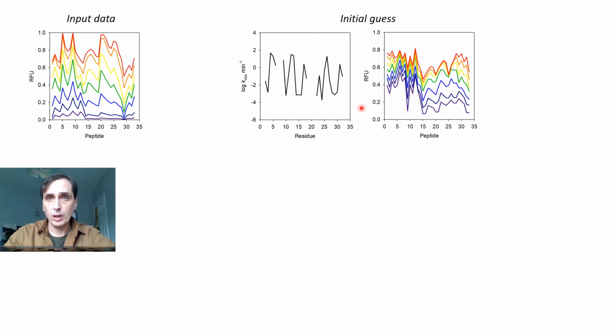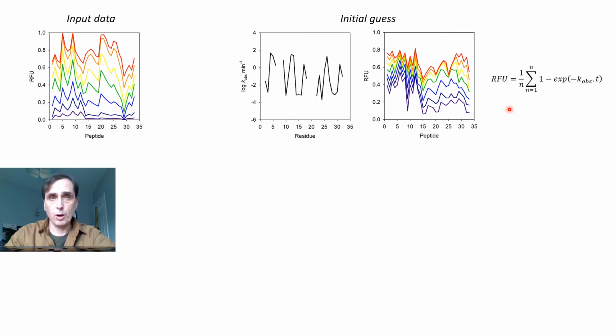And this model is generated according to this polyexponential function here, where n is the number of exchangeable amino acids in a peptide. So that's the number of amino acids minus proline and the N-terminus. KOBs is the observed exchange rate, and T is the isotope labeling time.